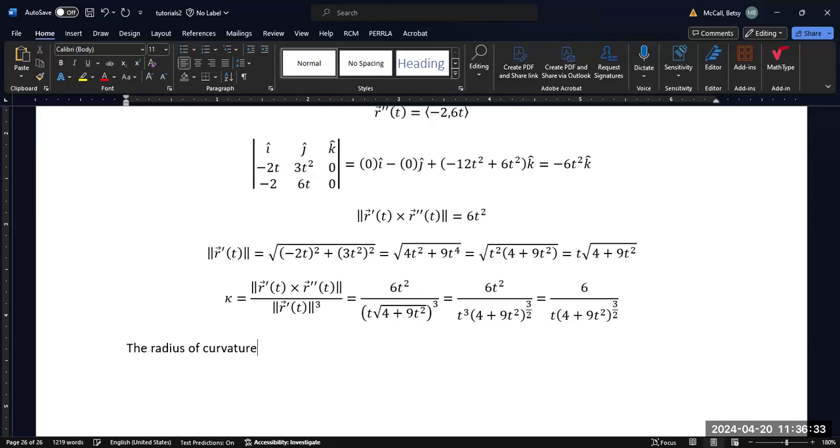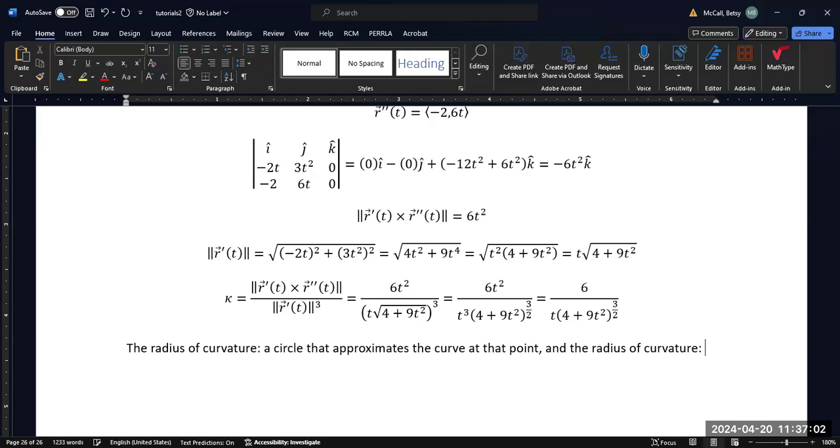The idea here is that you're looking for essentially a circle that approximates the curve at that point. And the radius of curvature is essentially the radius of the circle that you would need to do that approximation at that location.